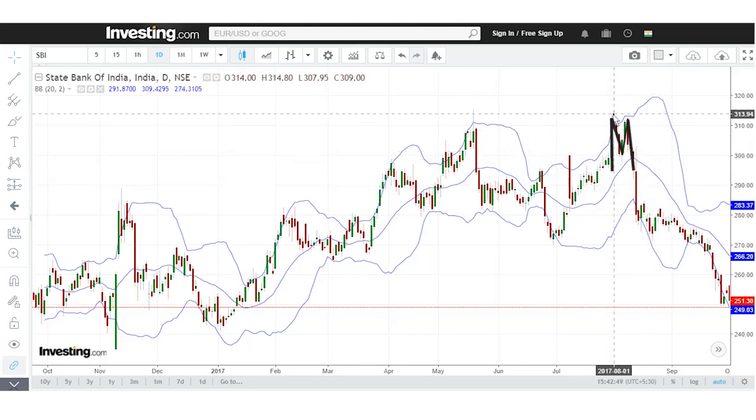See, here the first top was a little higher than the second top, but suppose this was not the case. Even if the second top was higher than the first top but within the Bollinger Band, the pattern would still be valid. So ideally the first top should be outside the Bollinger Band, and if the second top is lower than the first top, that is very good.